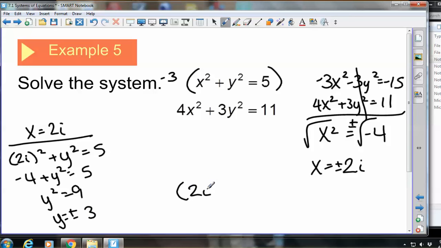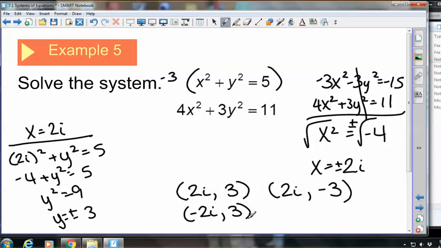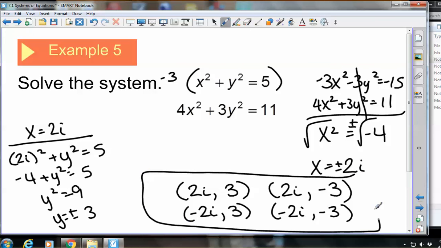So that means x could be 2i and y could be 3, or x could be 2i and y could be negative 3. If you plugged in a negative 2i, is anything going to change here? No, because you're going to start out squaring it, and it's going to turn into the same thing. So if x is negative 2i, you're going to get 3, or you could have x be a negative 2i and get negative 3. This one had 4 possible answers.